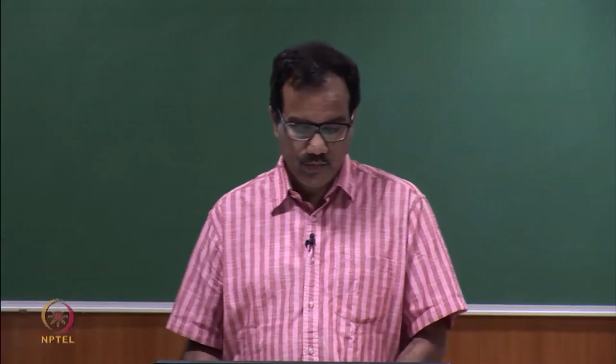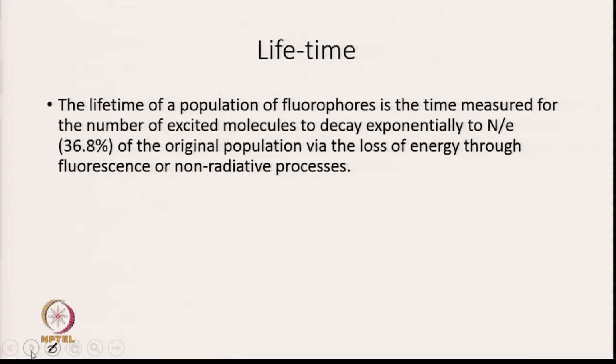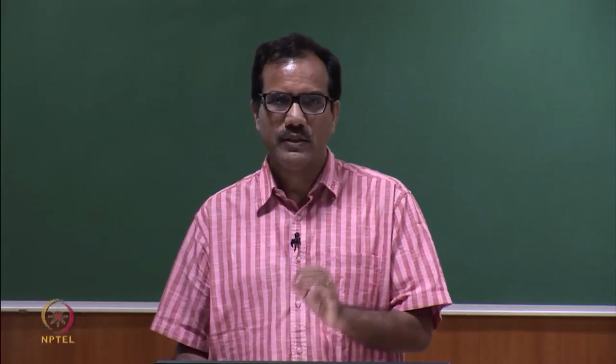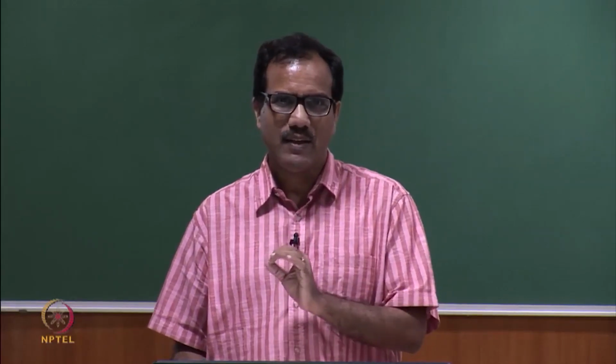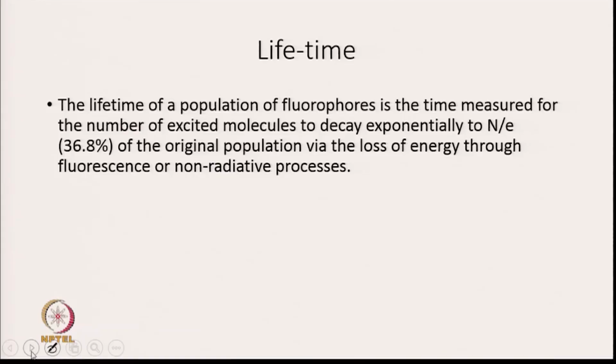Now, the lifetime of a population of fluorophores is the time measured for the number of excited molecules to decay exponentially to n by e of the original population via the loss of energy through fluorescence or non-radiative processes.